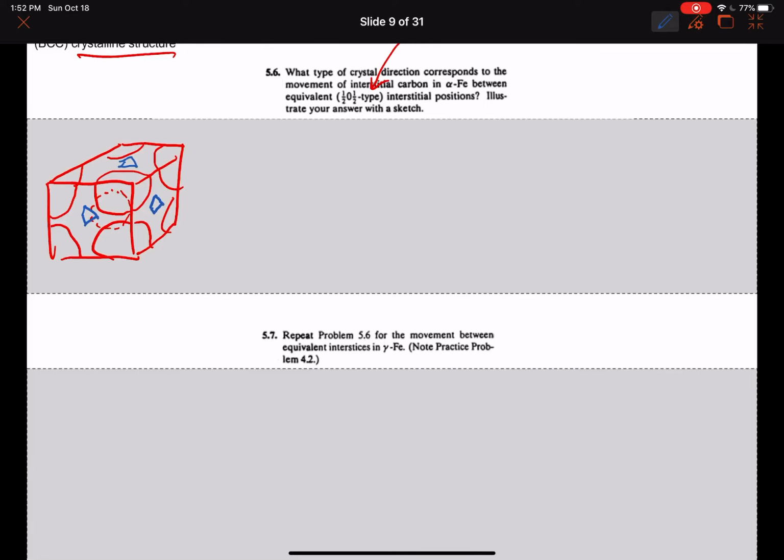Okay, so in order to show this, we might begin with our Cartesian coordinate system here. Okay, we'll put our unit cell on there.